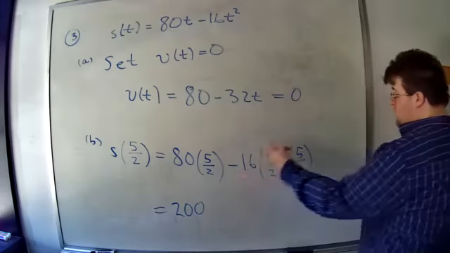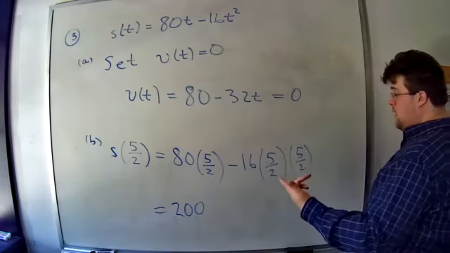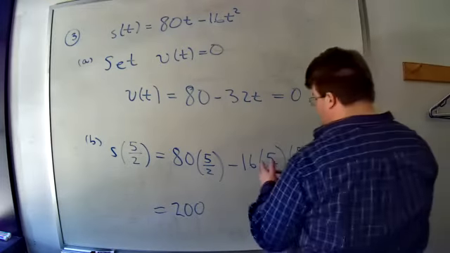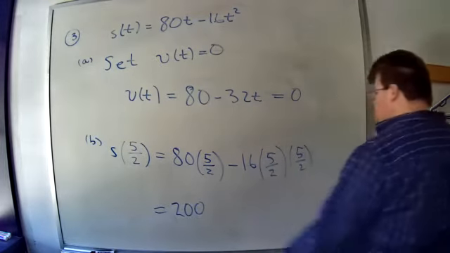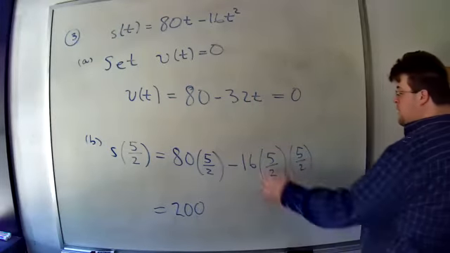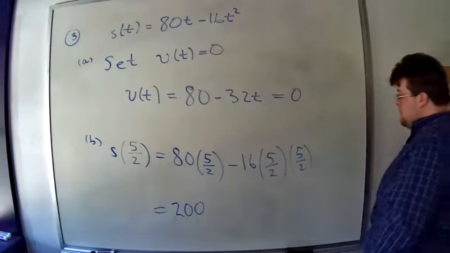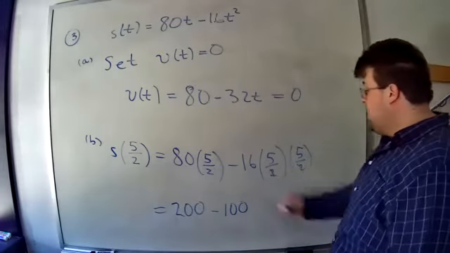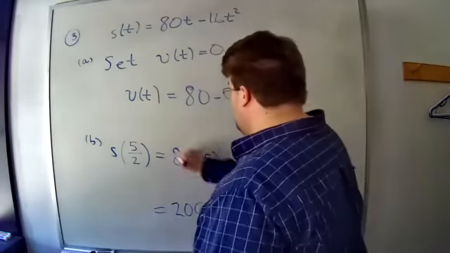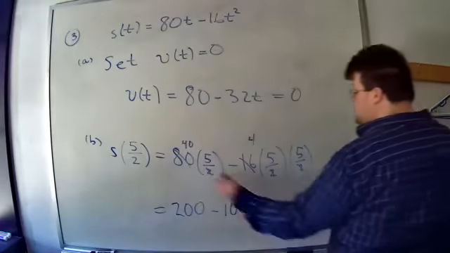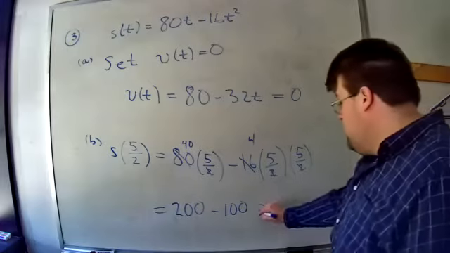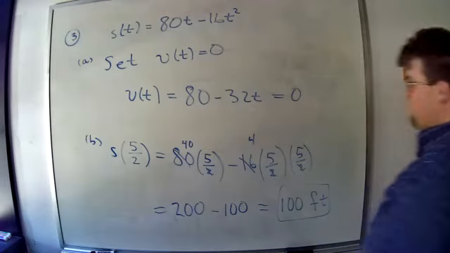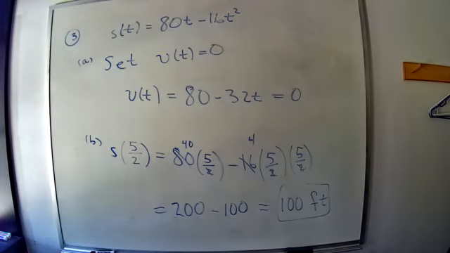Or you could do 16 divided by 4, which is 4. 4 times 5 times 5. 4 times 25 is 100. So, writing things as fractions does have its conveniences. 40 times 5, 200. 4 times 25, 100. 200 minus 100 is 100, and I think this said feet. Any questions about part B?